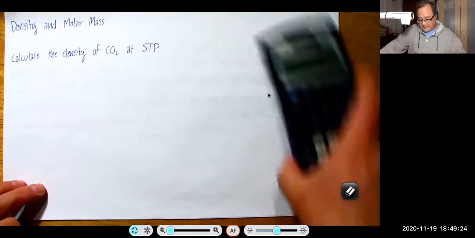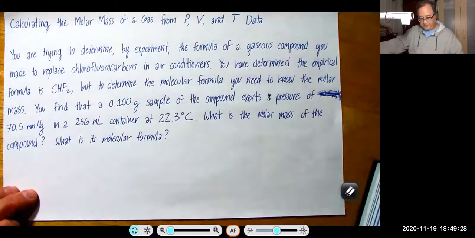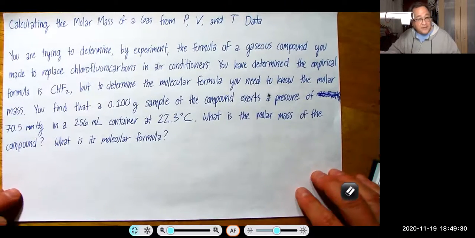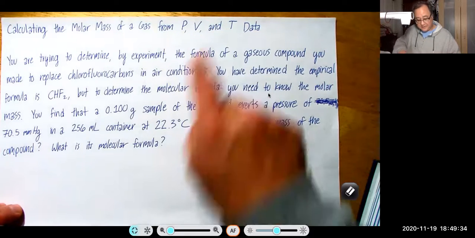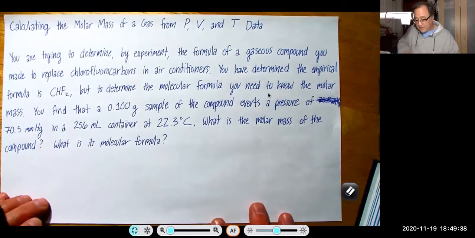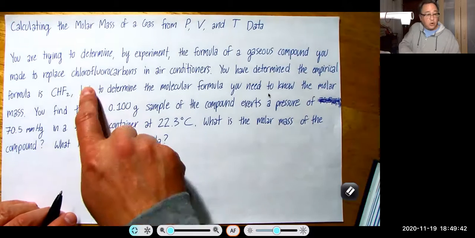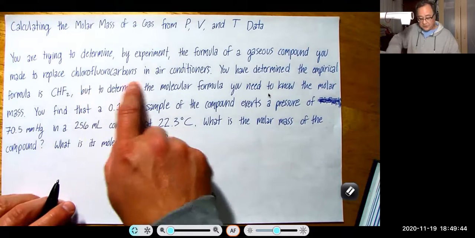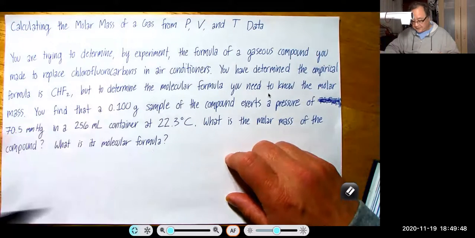Let's take a look at one more problem here. Calculating the molar mass of a gas from pressure, volume, and temperature data. You are trying to determine by experiment the formula of a gaseous compound you made to replace chlorofluorocarbons in air conditioners. These deplete the ozone layer, which protects us.